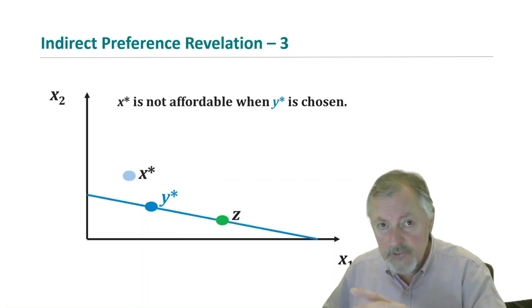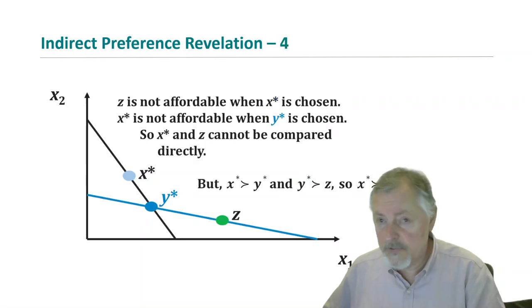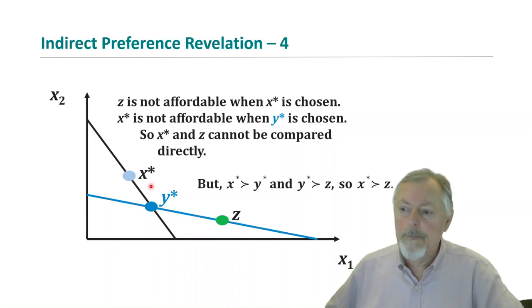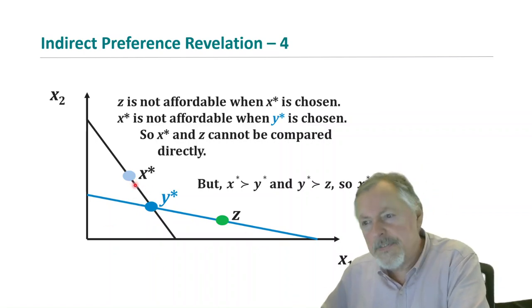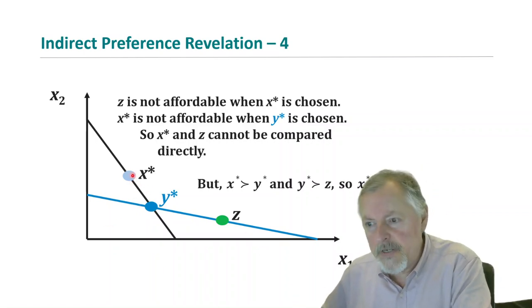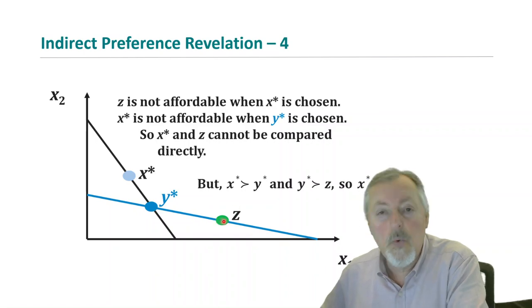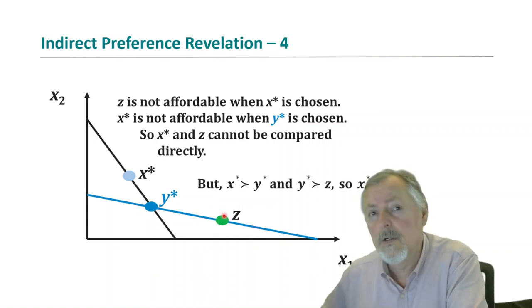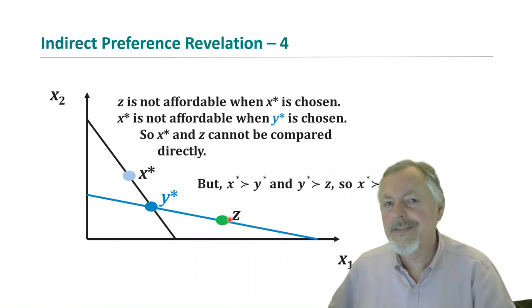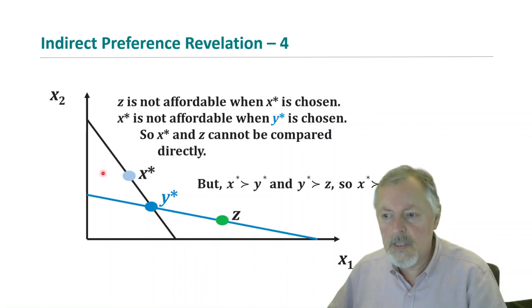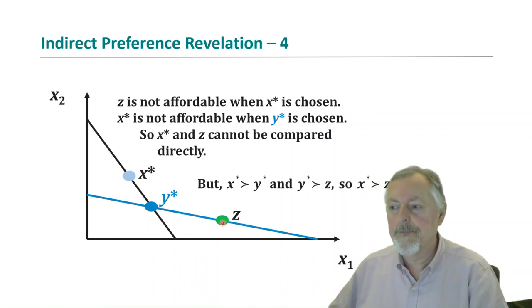But in these two choices, we've never seen the person make a choice between X and Z when both were affordable. So this person has not directly revealed they prefer X to Z.